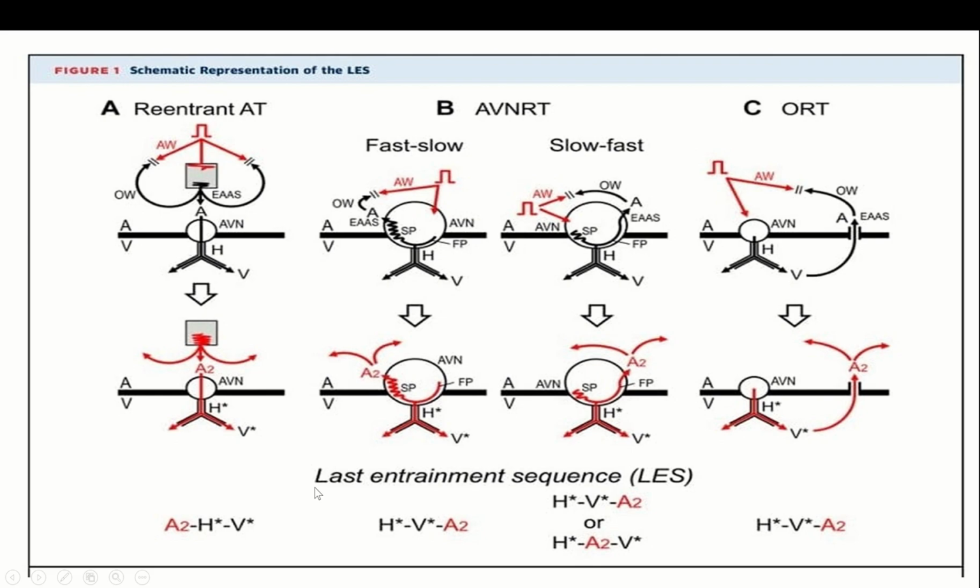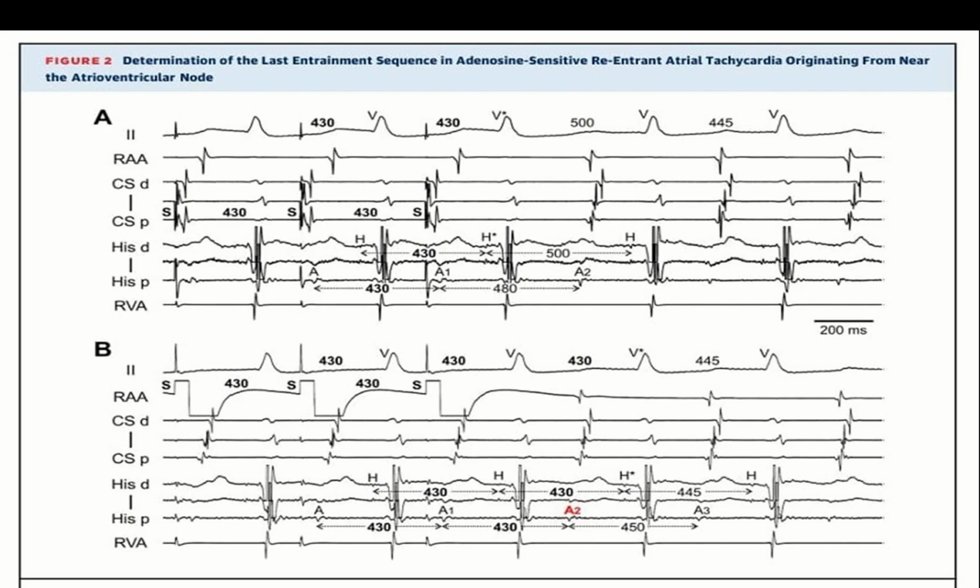What about the last entrained sequence in atypical AVNRT, fast slow? HVA2, a similar scenario as orthodromic reciprocating tachycardia. Finally, in typical AVNRT, slow fast, it is HA2, then V, and occasionally it may be HVA2.